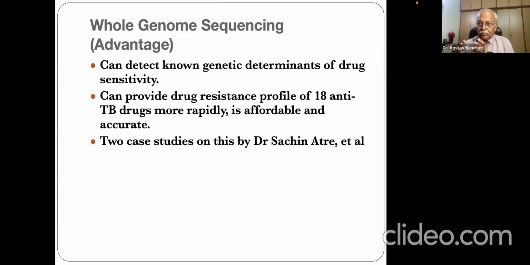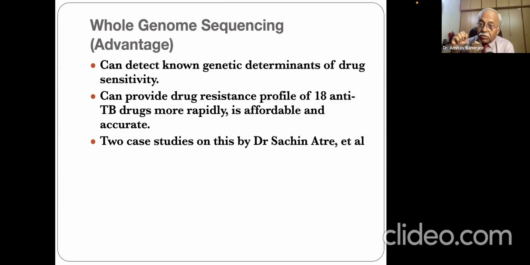So you see, up till now, this CBNAT and other line probe assays were only giving the profile for rifampicin resistance, only one. There are so many TB drugs among the second-line drugs, and it was not giving that. So you do the CBNAT or line probe assay, you find rifampicin resistance and immediately you go to second-line treatment, whatever the protocol, 4 drugs, 5 drugs, whatever, and continuation.